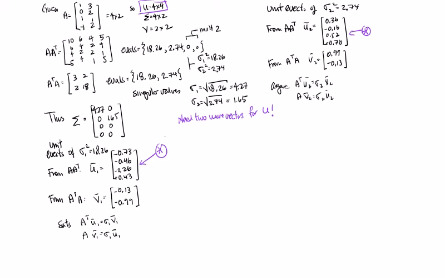So if we go back to AA transpose, back here, that had the extra two zeros. The fact that it was multiplicity 2 means that you can find two vectors that span the two-dimensional eigenspace. So use the eigenvalue 0 from AA transpose.